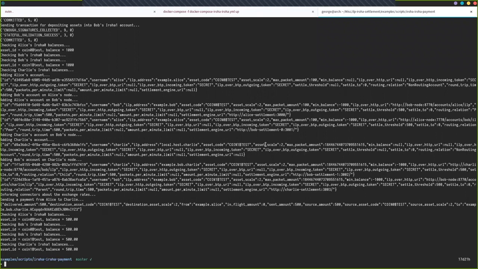I have another question. Is it possible to disable this credit in your implementation, or no? Yeah, actually this configuration is at the connector level. You can configure your connector as you want.